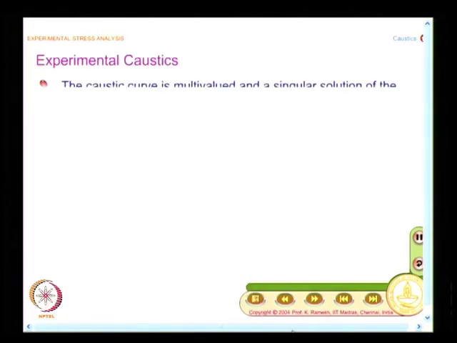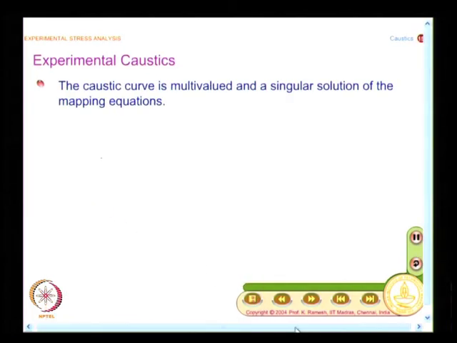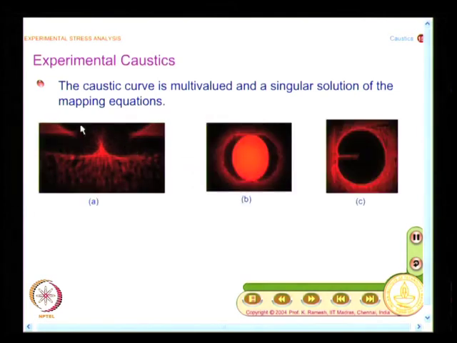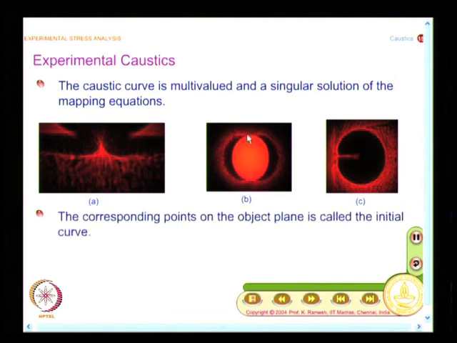And caustics is shown for different problems of stress concentration. It is a semi-infinite plate with a concentrated load. This is a plate with a hole, you have a figure of 8, and this is a plate with a crack. I have the crack here and I have a caustic envelope like this.